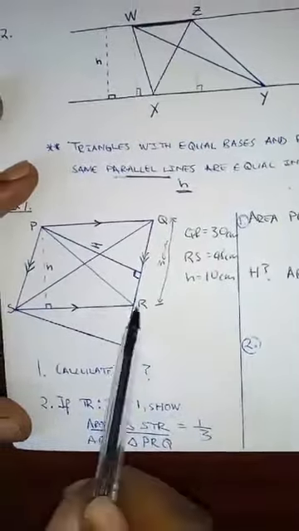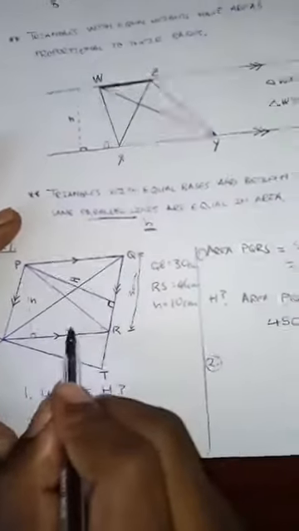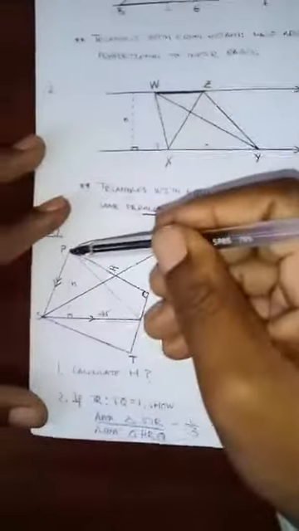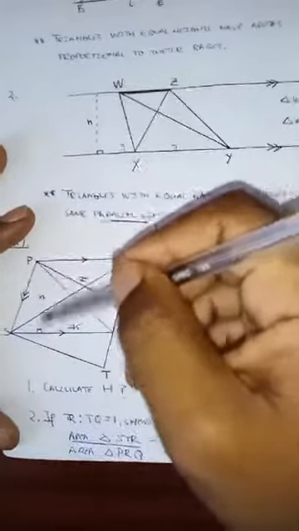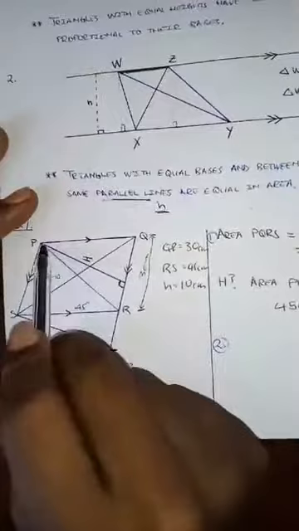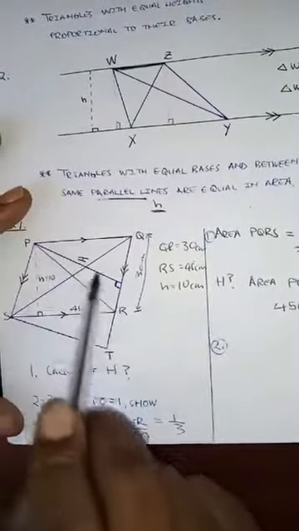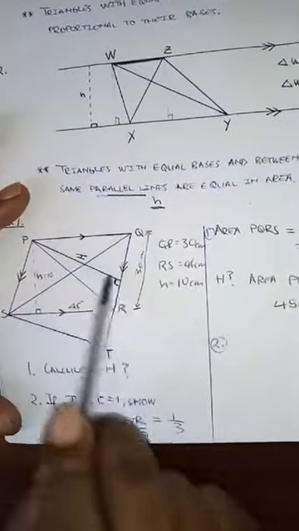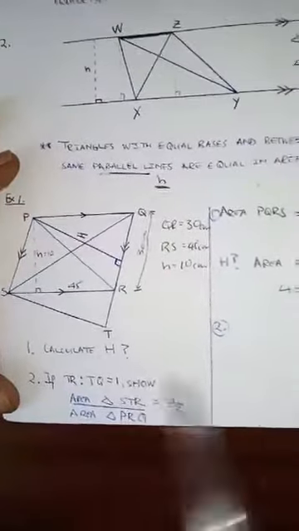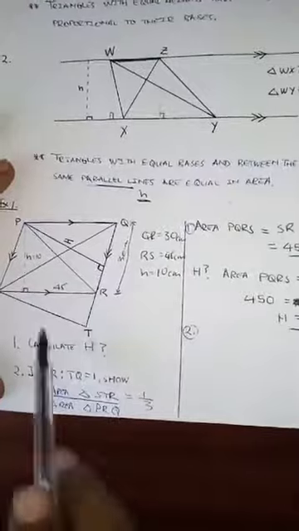And we are given RS, 45 centimeters, and we are given H, that constructed height. H is equal to 10, and we also have another height, capital letter H, which we don't have. And what is the task? The task is that you must calculate capital H, right?